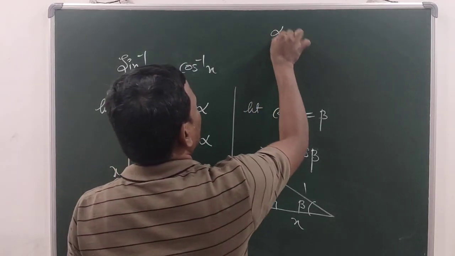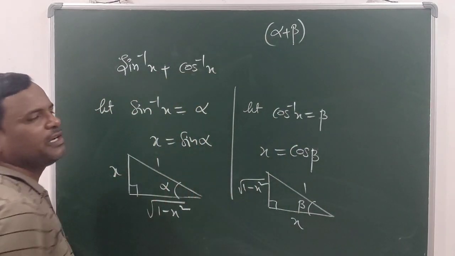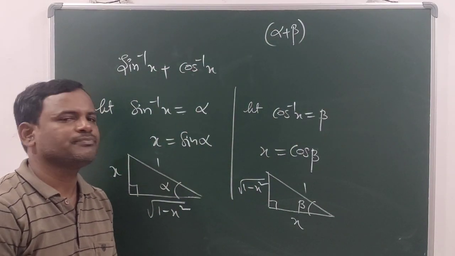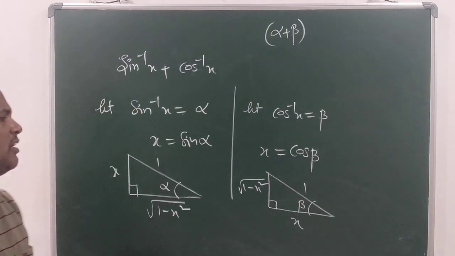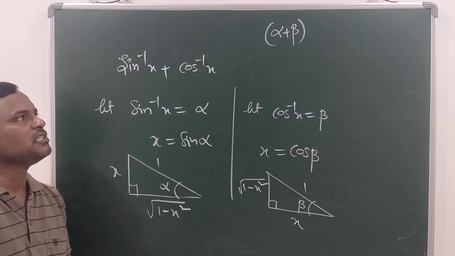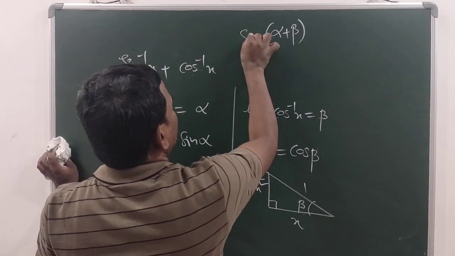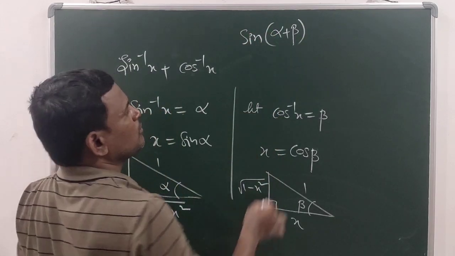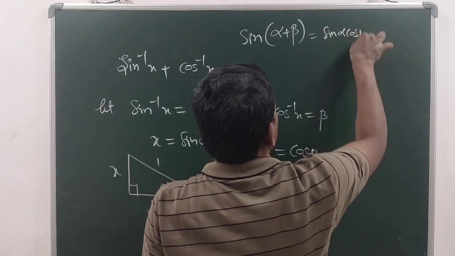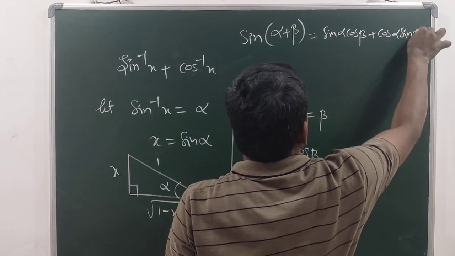Now alpha plus beta. So with respect to this alpha plus beta, define any trigonometric ratio. That is your wish. Shall I define sine? If you want to define sine, you can, no problem. Now sine of alpha plus beta is equal to sine alpha cos beta plus cos alpha sin beta.